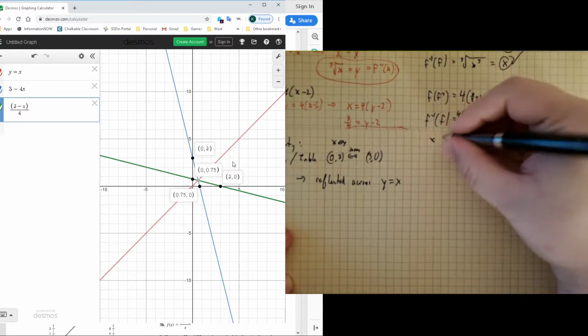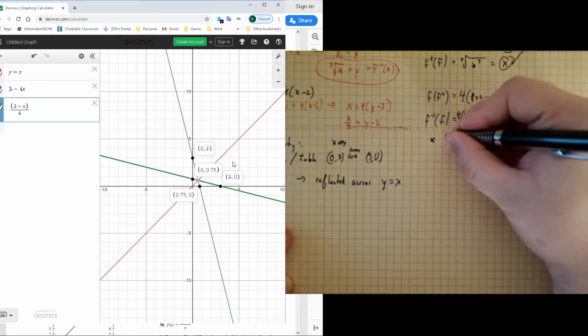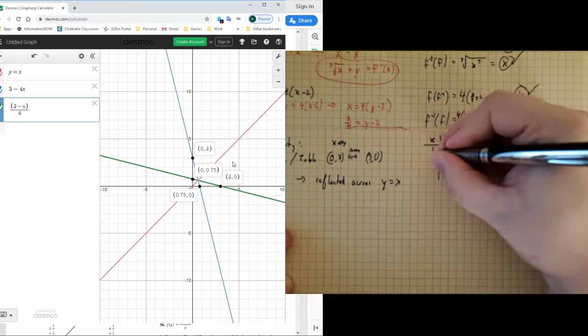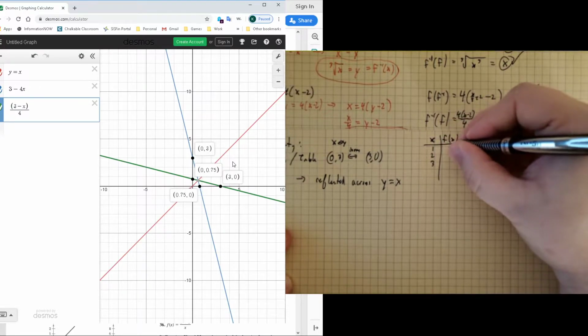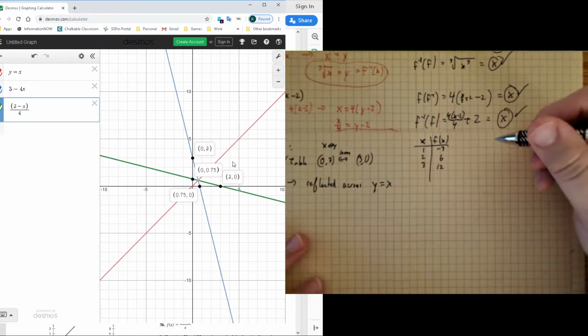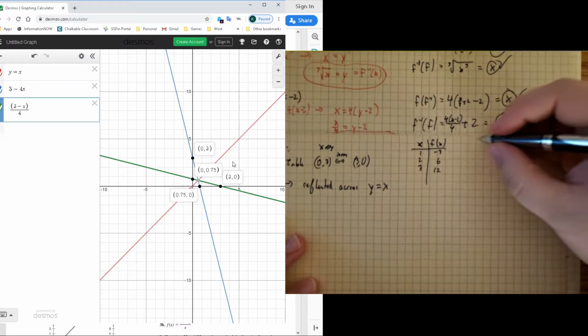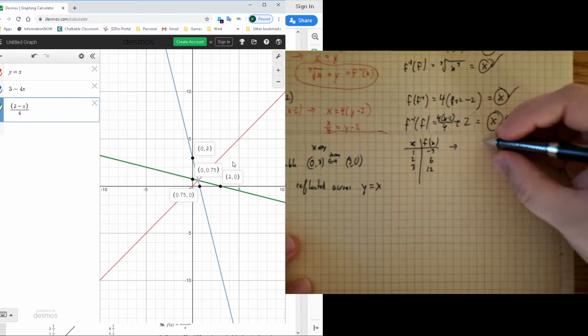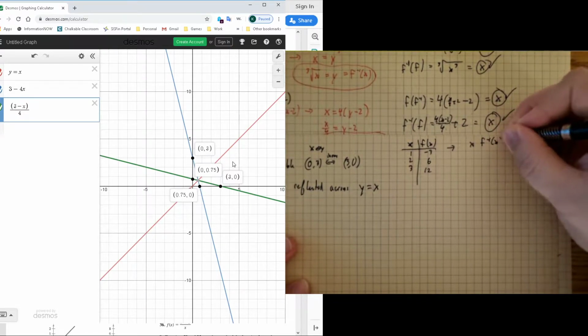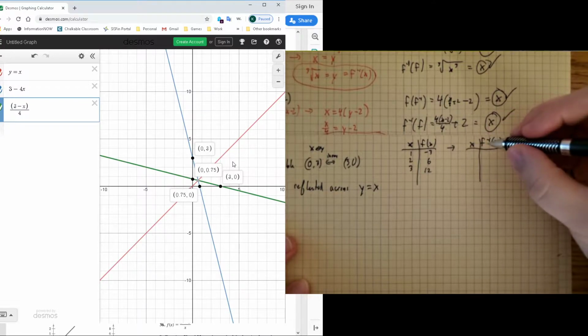So if I have a table like x and f of x, in this case I have 1, 2, 3, and this is like -3, 6, and 12. Well, what happens is, if I then want to look at what the inverse looks like, it's going to take those same points and just switch the x's with the y's.